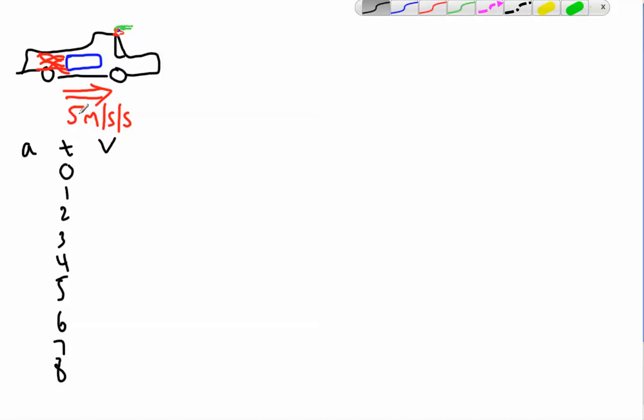So, if the car has an acceleration of 5 meters per second per second, then each second its velocity changes by 5 meters per second. And therefore, at time 0, its velocity is 0, even if its acceleration is 5 meters per second per second, because time hasn't started yet. That acceleration has not had an opportunity to change the velocity of the car. But after 1 second, the car is going 5 meters per second.